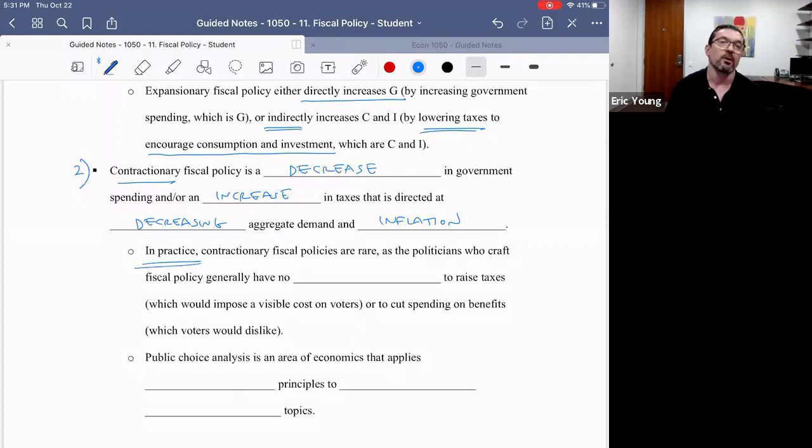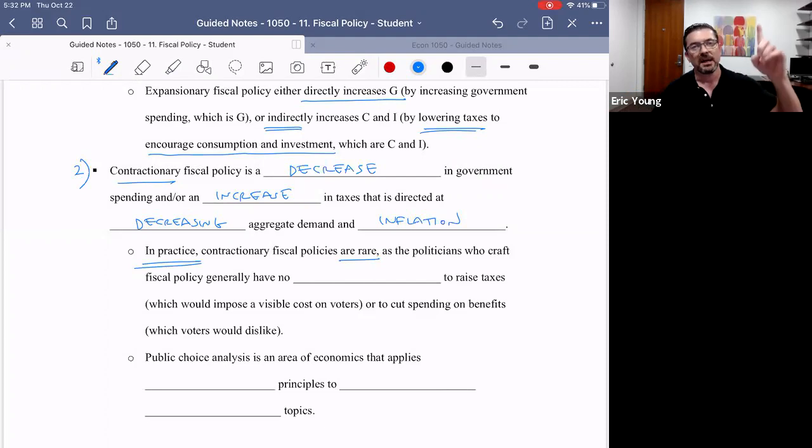The reality though, while theoretically you can do contractionary fiscal policy by decreasing G or increasing taxes, in practice, contractionary fiscal policies are rare. They rarely are passed. And the reason has to do more with political incentives than with economic necessities. Think about contractionary fiscal policy.